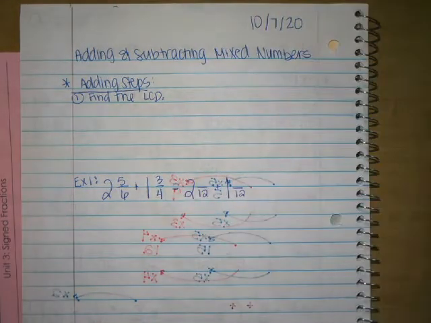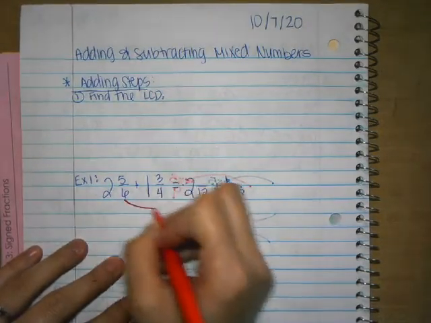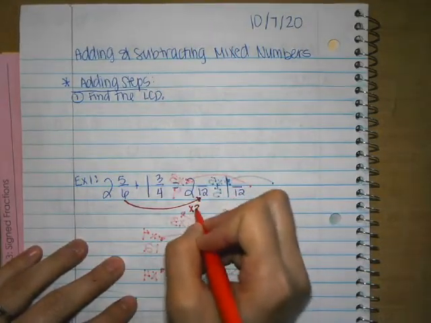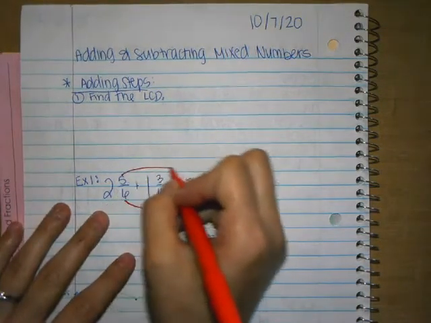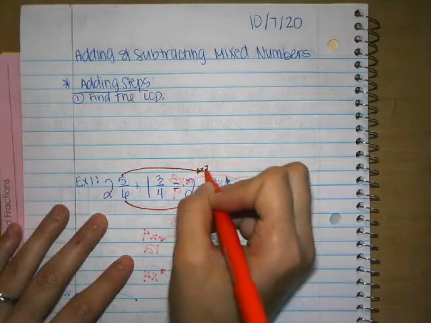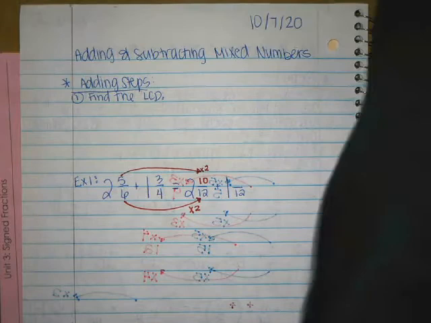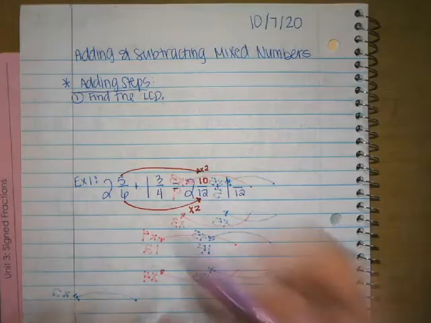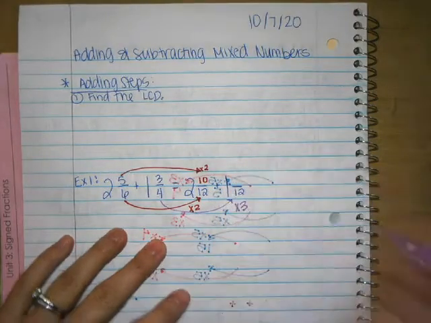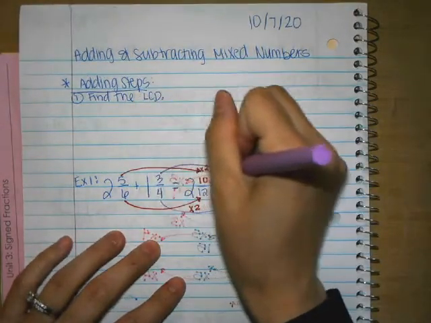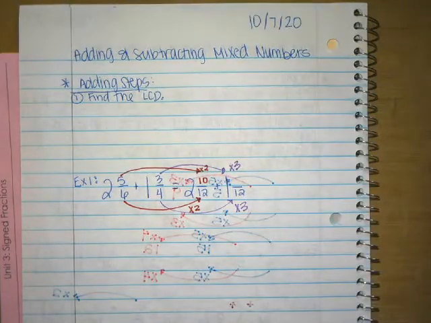So how do I get from 6 to 12, everyone? And whatever we do to the bottom, we have to do to the top. So 5 times 2 is? And how do I get from 4 to 12? So what do I do on top? So the new numerator is?